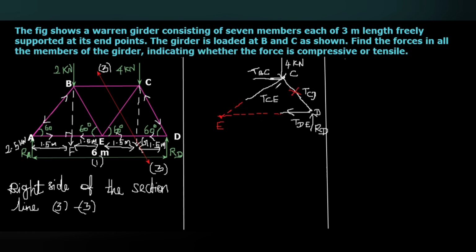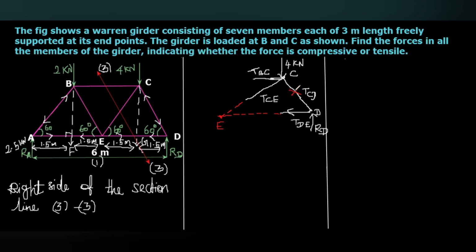Among these 5 forces, TCE and TDE, the lines of action of these two forces pass through E. So those two will be eliminated, the moment due to those two forces will be eliminated. So the moment due to TBC, 4 kilonewton and RD, these things we are going to consider.